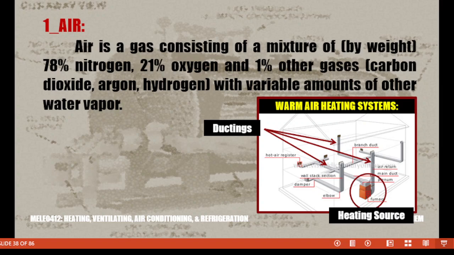First, a mixture by weight: meron siyang 78% nitrogen, meron siyang 21% oxygen, and then 1% of other gases. Possibly, meron tayong carbon dioxide, argon, as well as hydrogen with variable amounts of water vapor. Yung water vapor na ito, ito yung tinutukoy nating humidity.